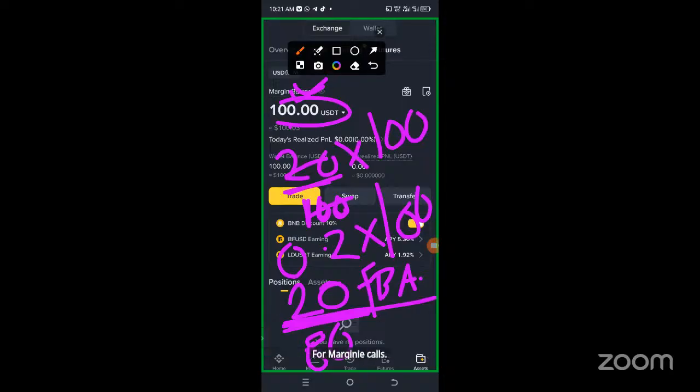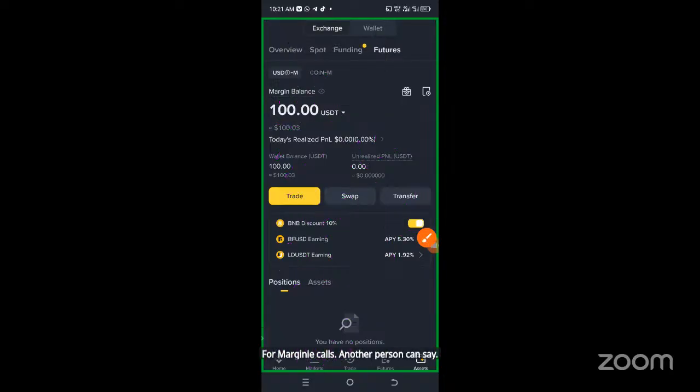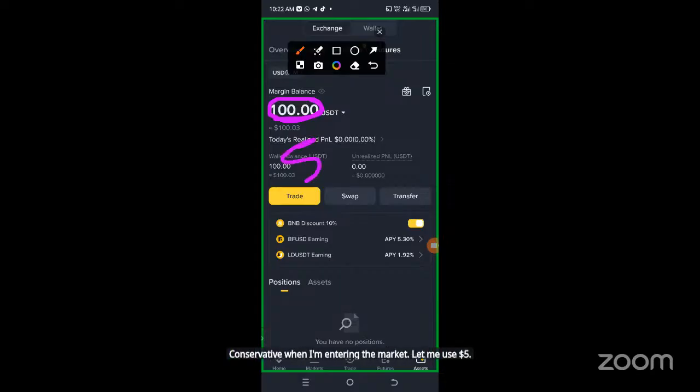Another person can say, if I have $100 as my capital on my futures account, I want to be conservative when I'm entering the market. Let me use $5 as my first buying amount.